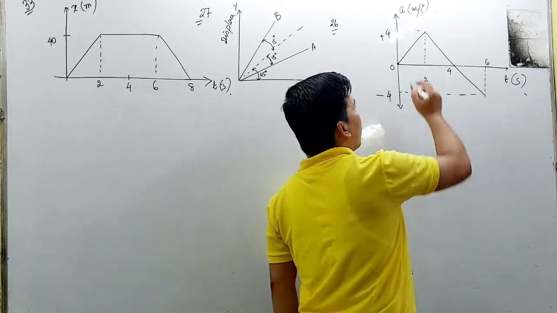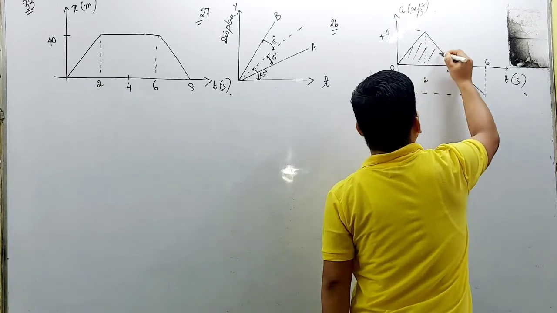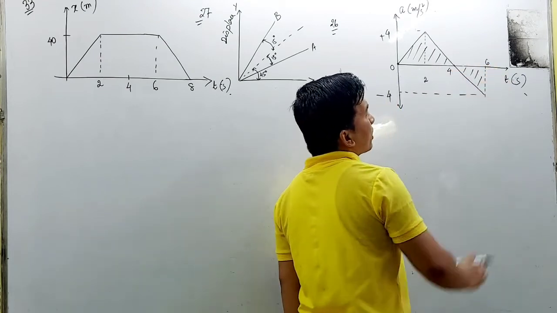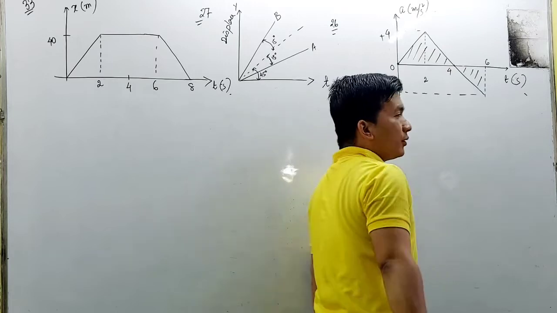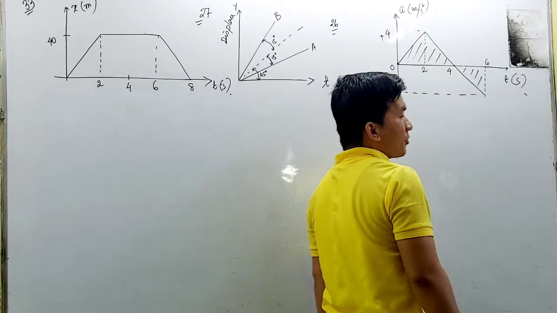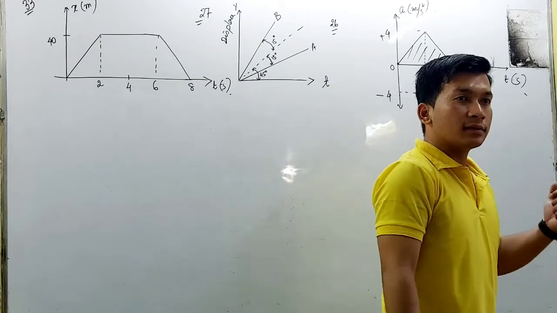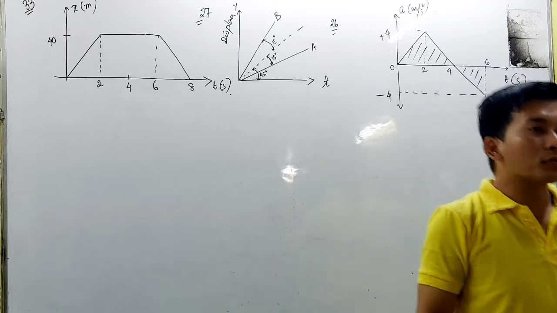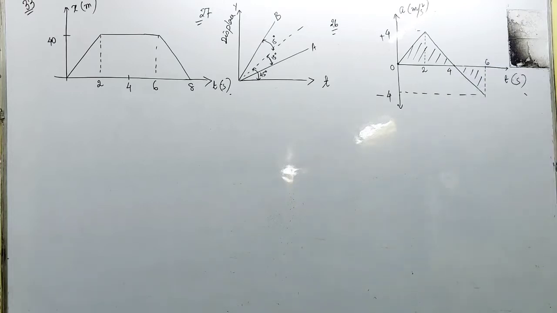We have to consider the area over here. This is the second region, we have to consider from here to here. How to calculate the area? Area is very simple.